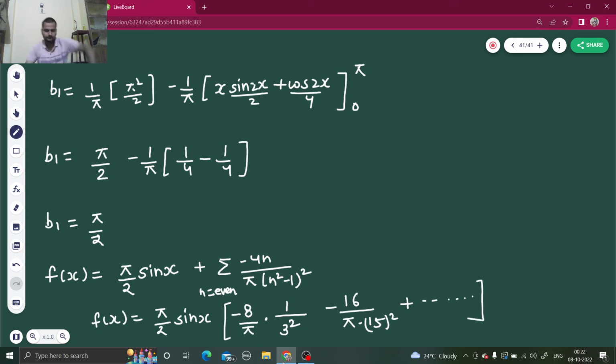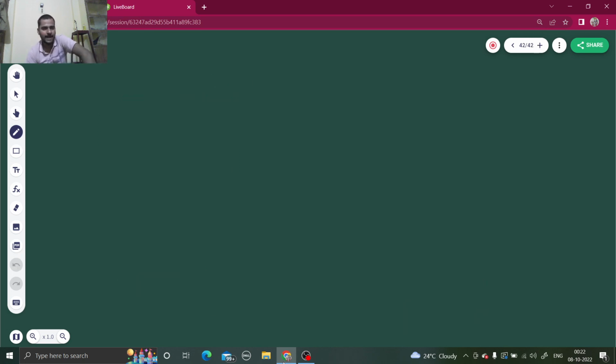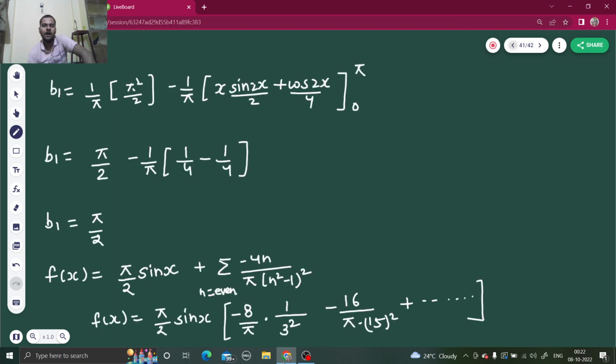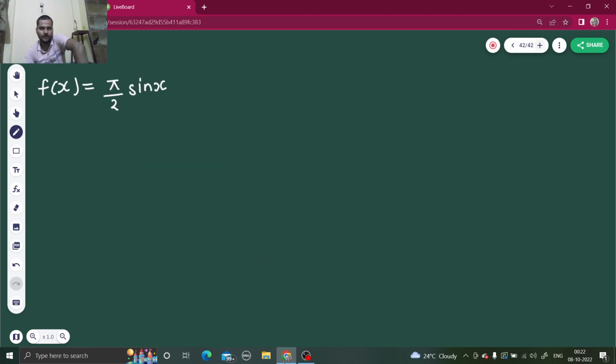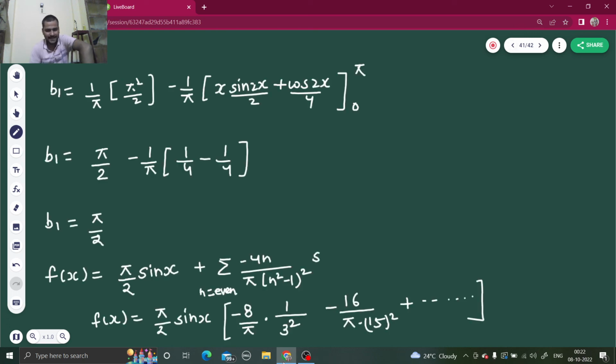Okay. So f(x) is pi by 2 sin x, okay, and minus 8 by pi I can take common. Also I missed one thing. With this I had sin nx also. So let's multiply. No, we can't multiply individually. We have to put the values.